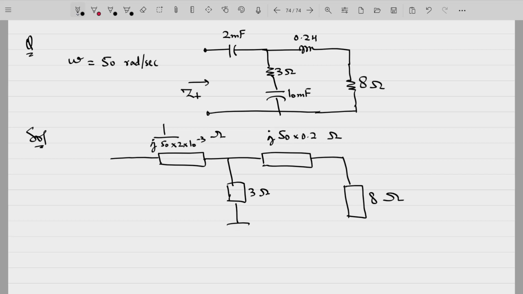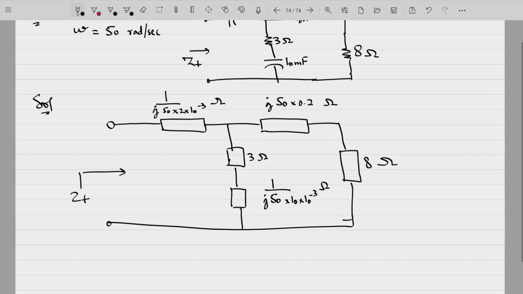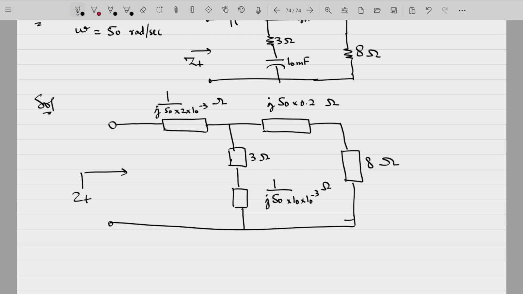This capacitor will have an impedance of 1 by j omega C, where C is 10 into 10 raised to the power minus 3. You can redraw the circuit showing these impedances with square boxes.